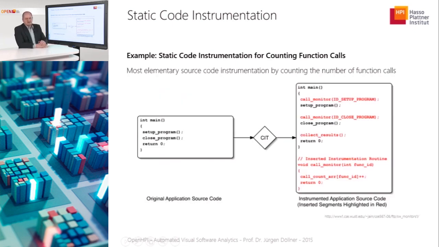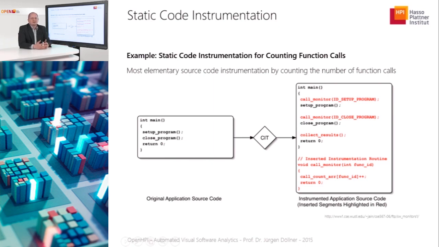The principle is outlined in this diagram. We have on the left side the source code, and by code instrumentation techniques, the red parts here are inserted. This insertion process is sometimes hidden to the developer because it's done automatically.